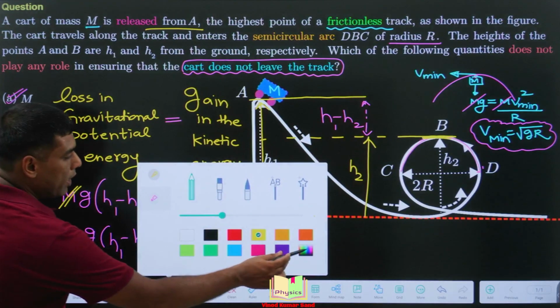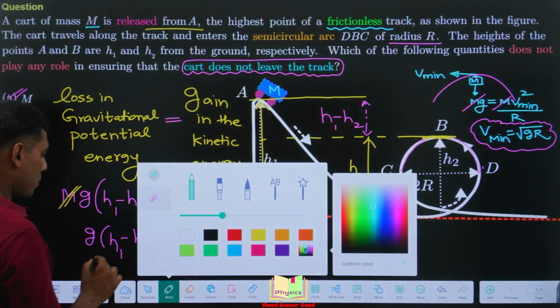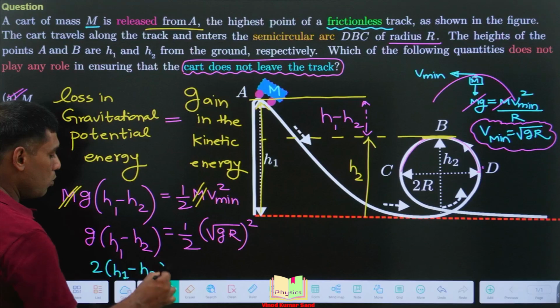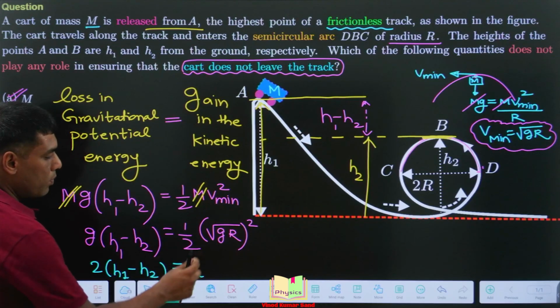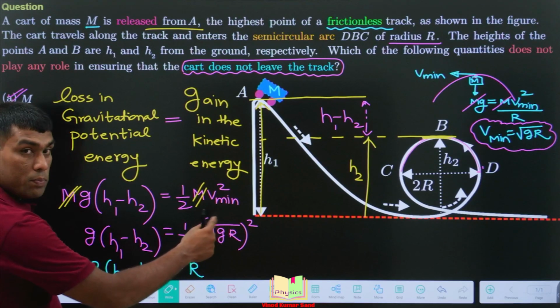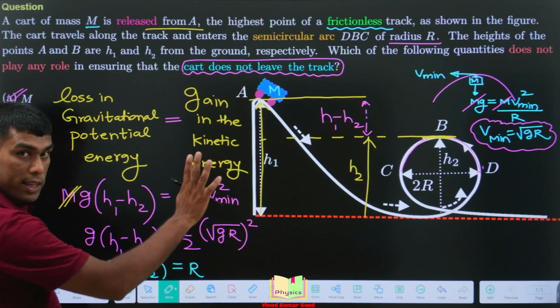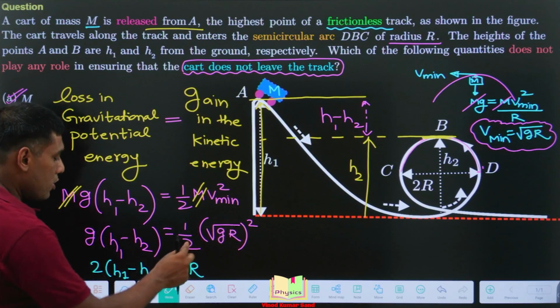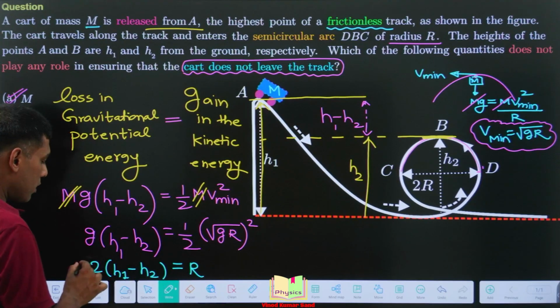So here we can write the final expression, 2(h1 minus h2) is equal to r. You do the square, then the square root and the square are eliminated. This g cancels out this g, and then R is equal to twice of (h1 minus h2).